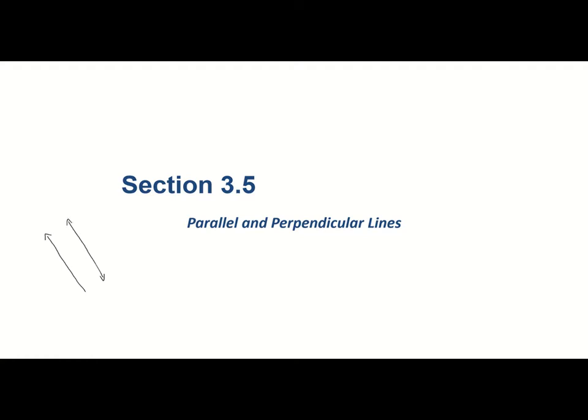And then perpendicular lines always meet to form right angles. So again, my drawing is not perfect, but kind of think like a plus sign. That's what they would look like. For the coordinate plane, they will look like the x and the y axis because that's what it is. So perpendicular lines meet to form right angles, and parallel lines never meet or intersect, but they're always in the same plane.